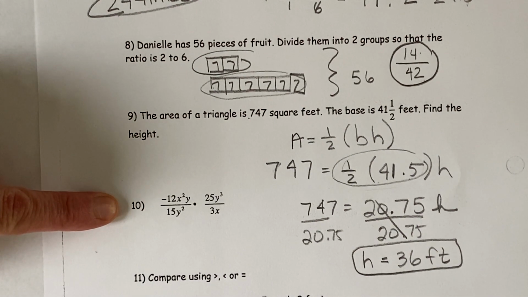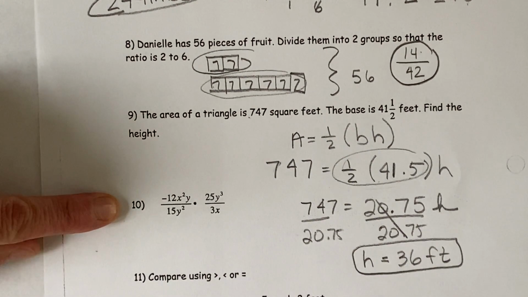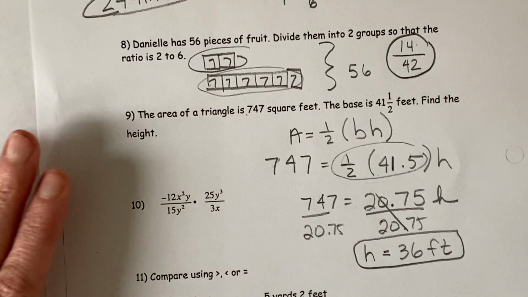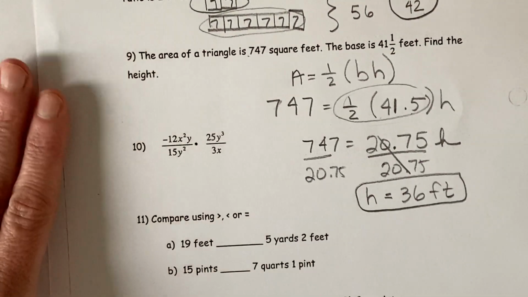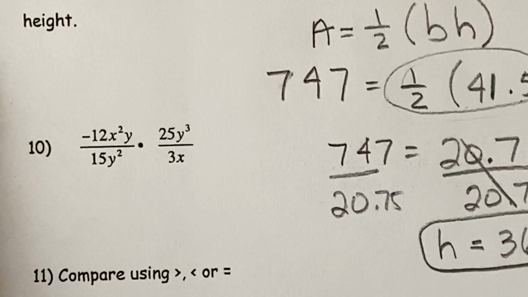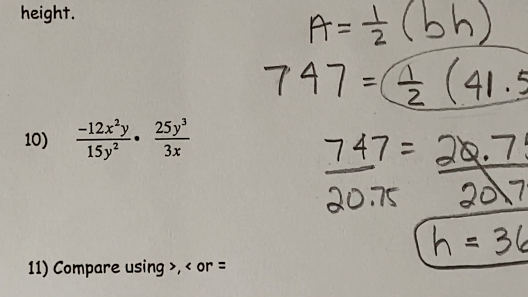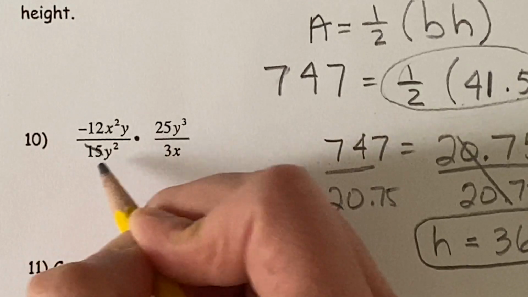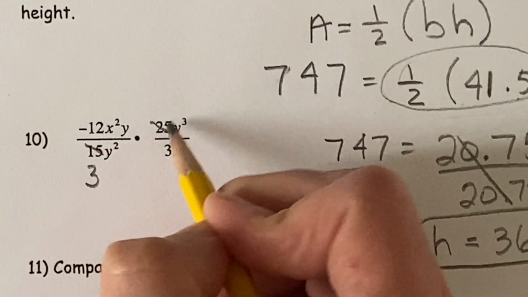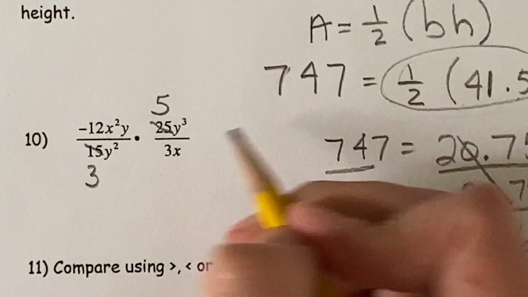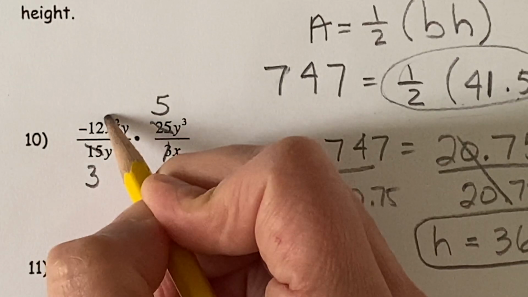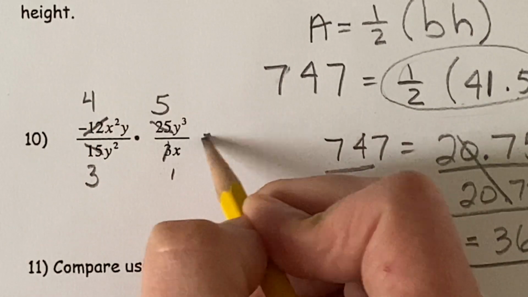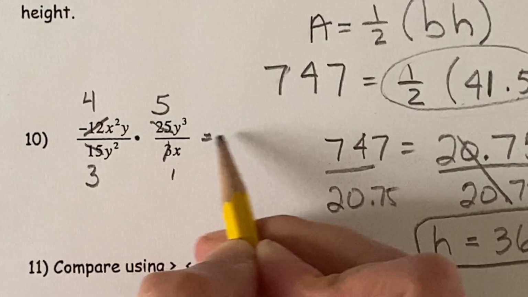Okay, number 10. I'm going to deal with my numbers first. 5 goes into 15. 5 goes into 25. 3 goes into 3. 3 goes into 12. I notice a negative times a positive.